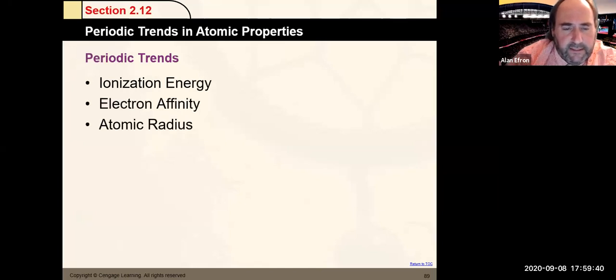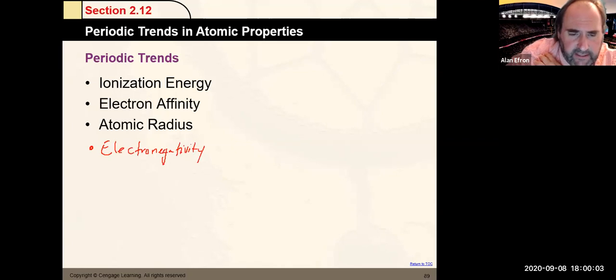We're going to look at several different trends on the periodic table: ionization energy, what it is, electron affinity, atomic radius, and we're also going to add another trend, which is known as electronegativity.